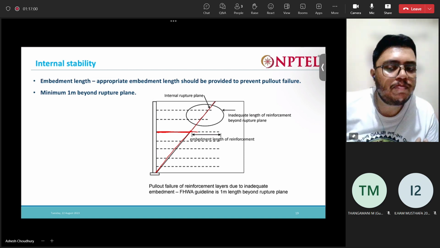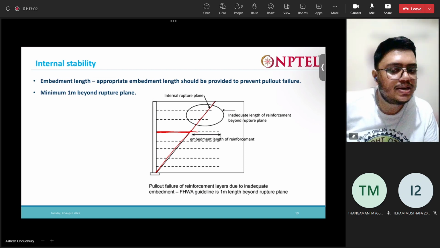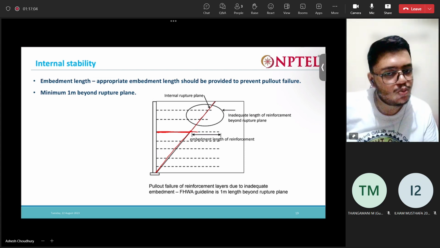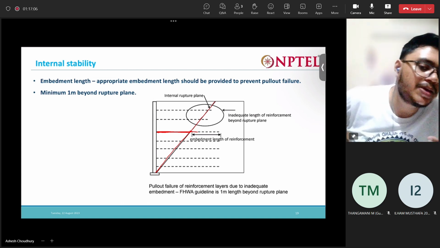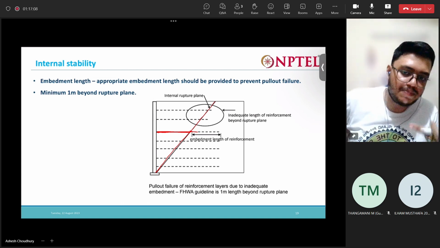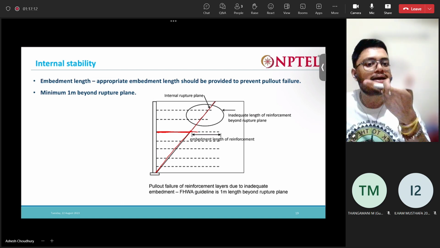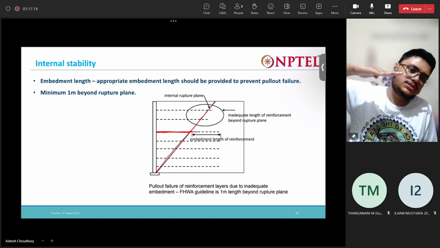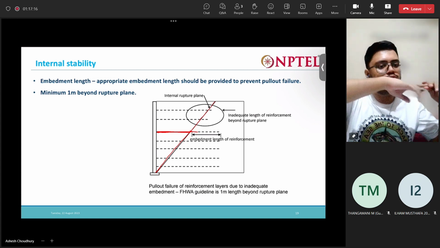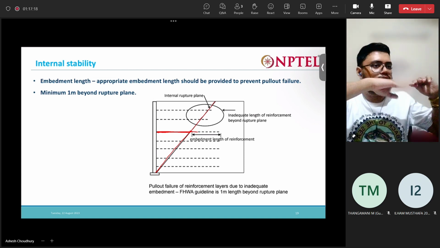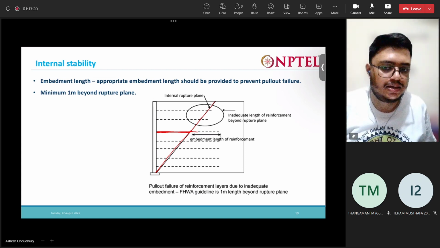Okay, so the minimum recommended embedment length is 1 meter. So minimum 1 meter of embedment length should be provided. This embedment length allows for the anchorage, allows the reinforcement to be held in place. All right.